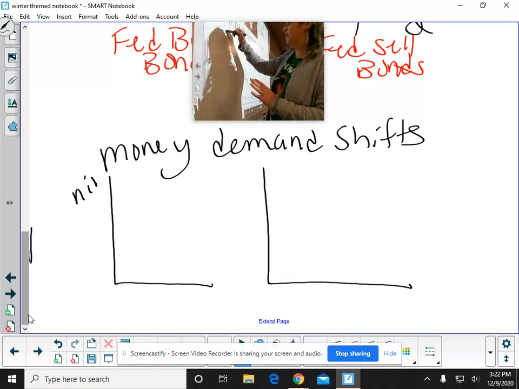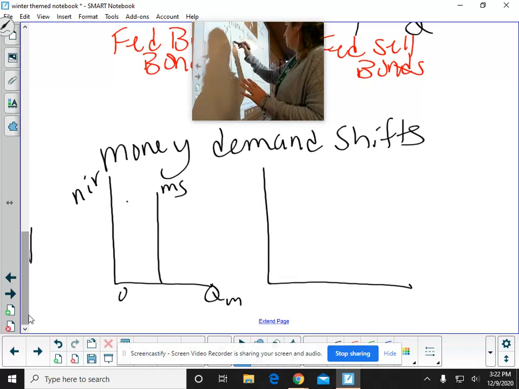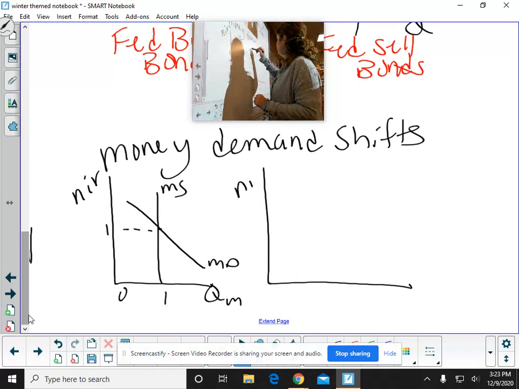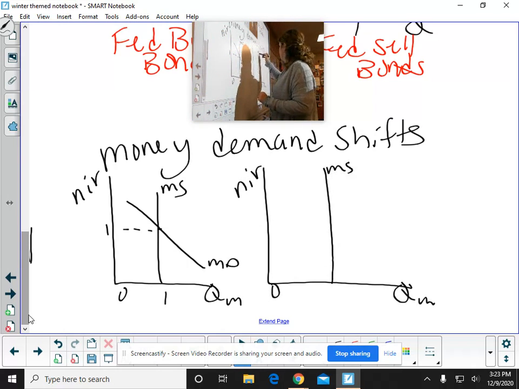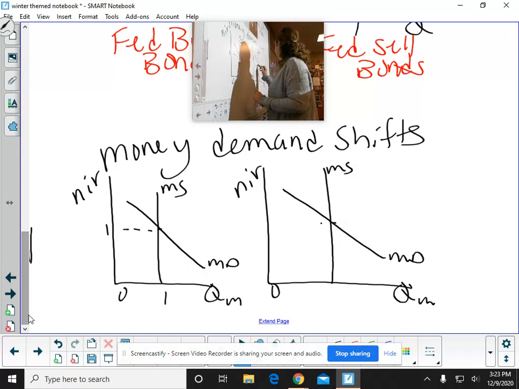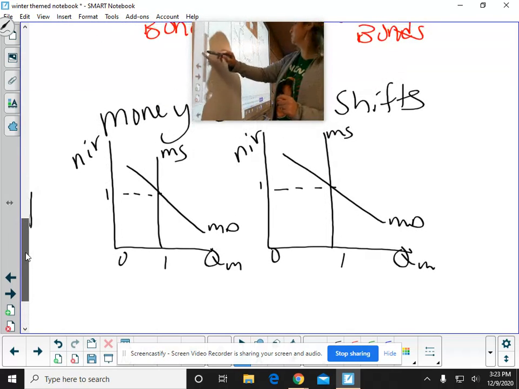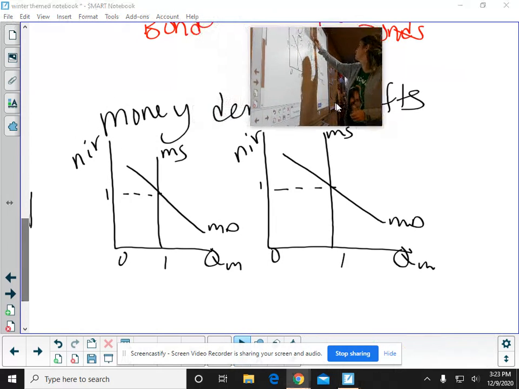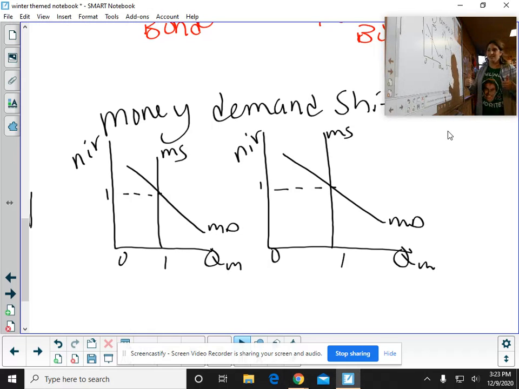So here we have a money market graph again. What would shift money demand to the right and money demand to the left? Let me move myself really quick to get out of the way. Here we go. Splendid. So here we have money demand.